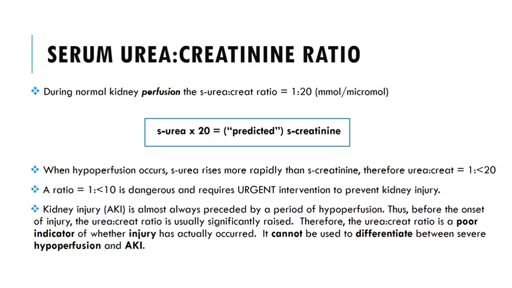Keep in mind that this ratio cannot differentiate pre-renal from intrinsic renal kidney injury, as a lot of your patients with intrinsic kidney injury will have a period of hypoperfusion before that. All it's telling you is that there is a pre-renal component to this patient's kidney injury.